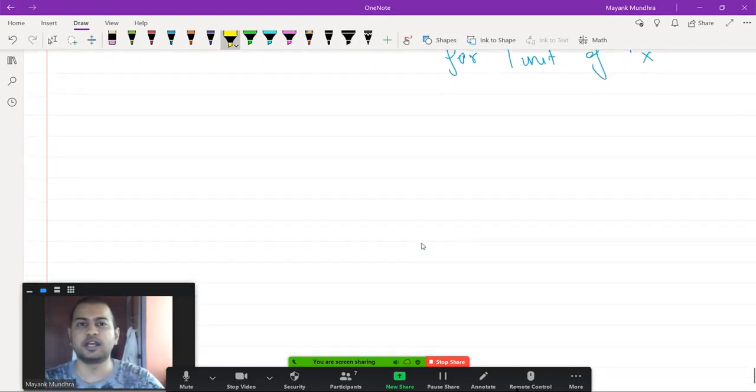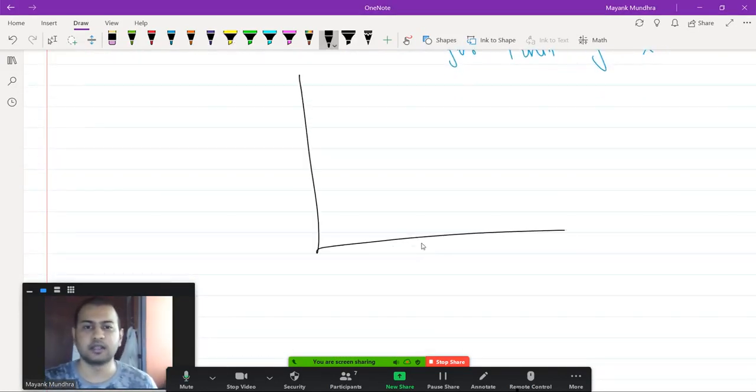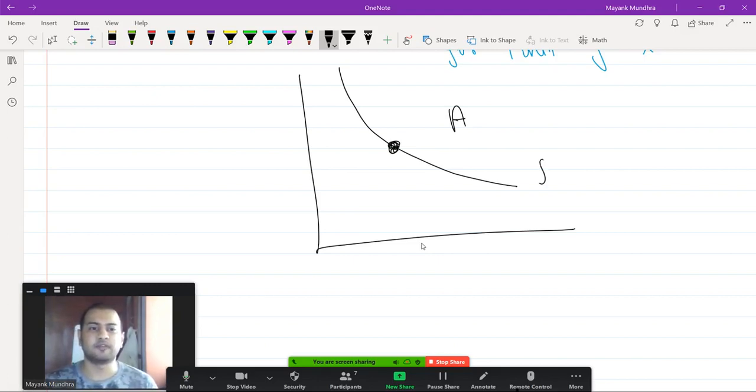So what I am trying to say is that there is some point A at which you want to find the MRS. There is some IC passing through this point, because through every point there should be some IC passing, and the equation of this IC is f of x comma y equals u naught. Suppose this is the equation of the indifference curve.